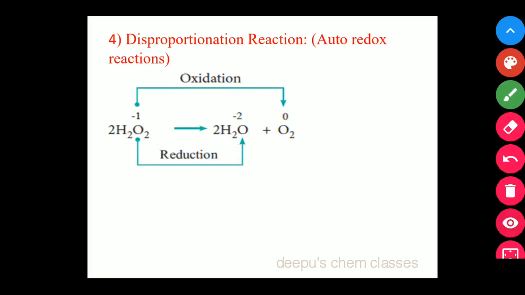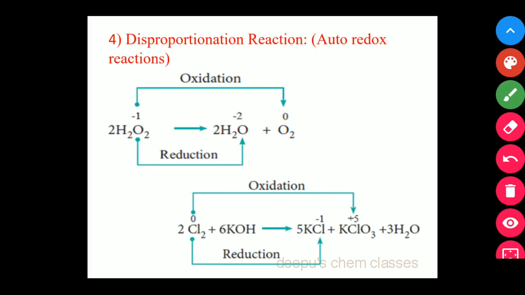So another example you can say, combination of chlorine and potassium hydroxide. So when it combines, we can get the product potassium chloride, potassium chlorate and water. So chlorine in reactant side has the zero oxidation state. It has -1 in potassium chloride and +5 in potassium chlorate in product side.